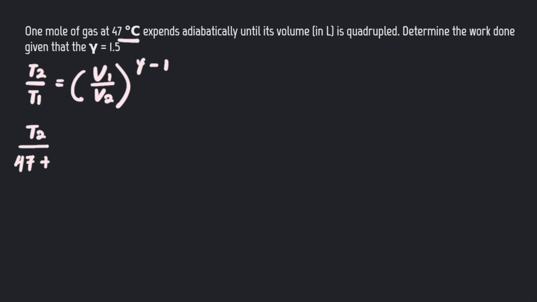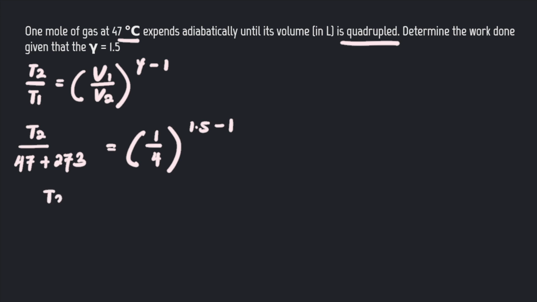So you need to convert this into Kelvin. Is equivalent to the volume. So initially we can consider that the volume is 1 liter and then it is quadrupled. So it means that 4. And then the gamma is 1.5 given in the question, minus 1.